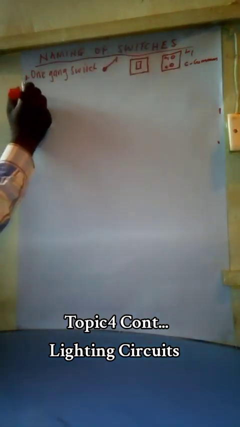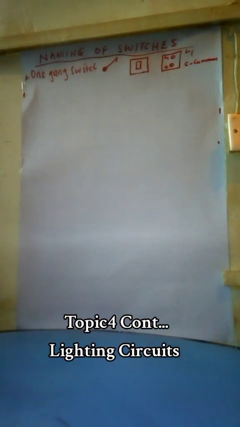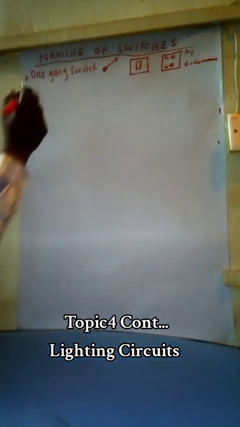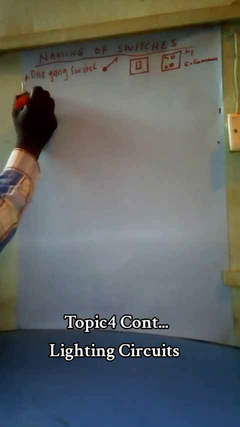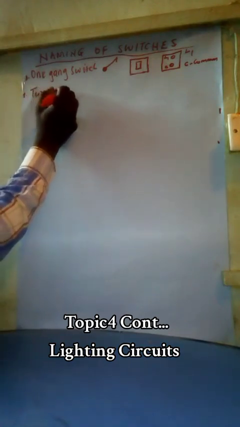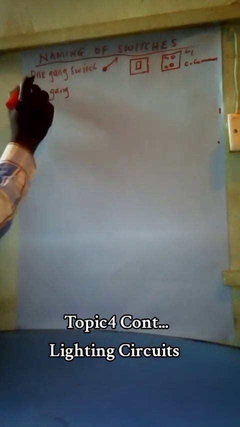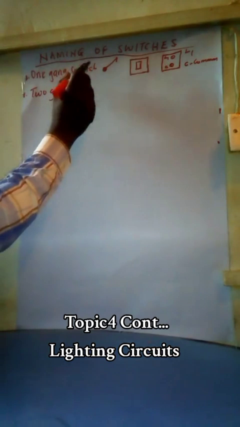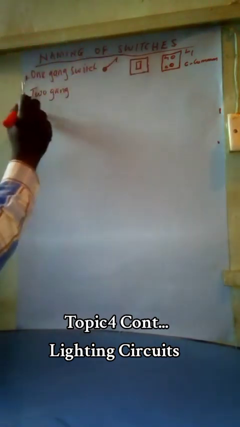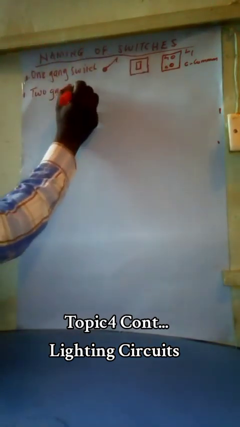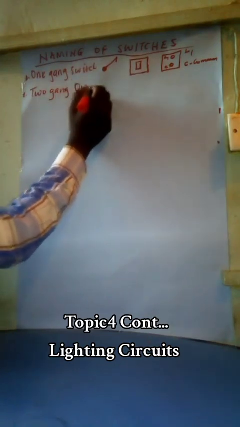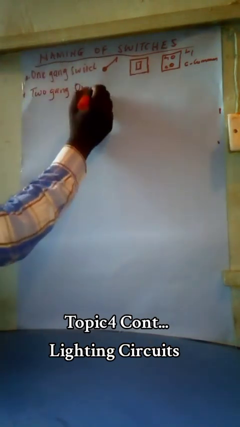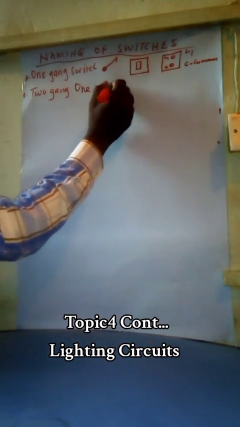The second one is two gang. And in this case, you see it is one gang switch. So it is one gang, one way switch. And this one, let's go for two gang, one way. So you can have one gang, one way, and maybe two gang, one way switch again, one way switch.